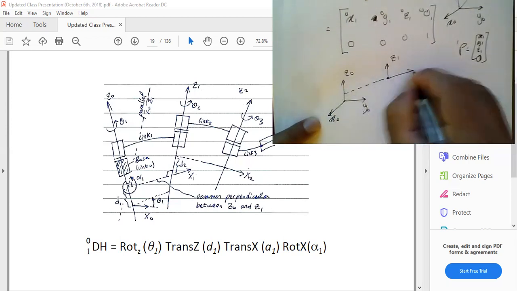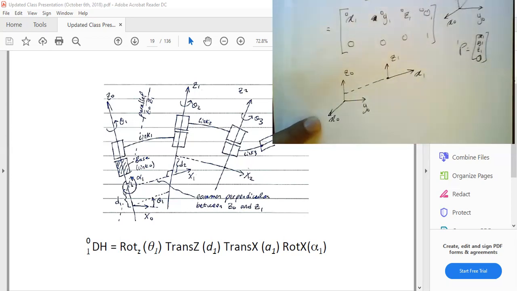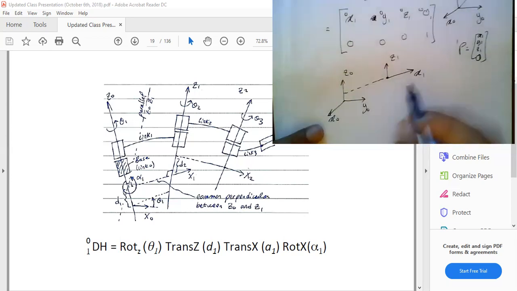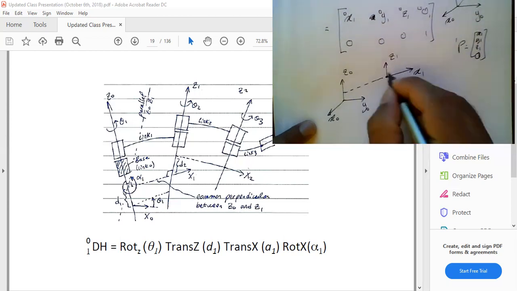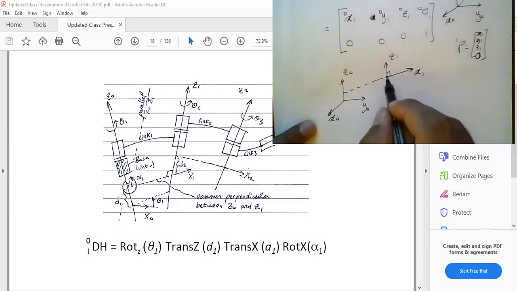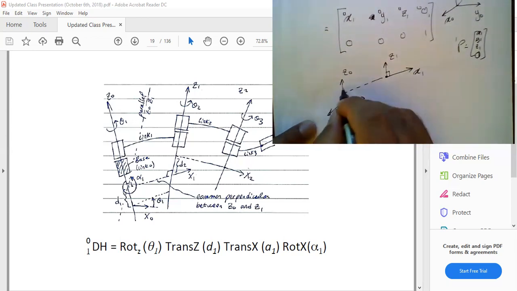So this is going to be my x1. If I do that, this is now a DH frame. So this is a valid DH frame, and the reason it is valid is because my x1 is perpendicular to both z1 and also z0.